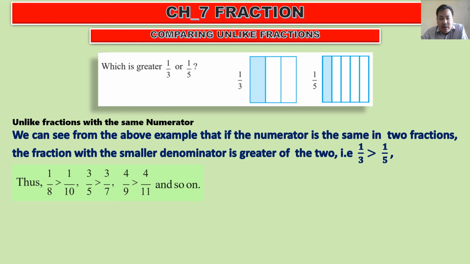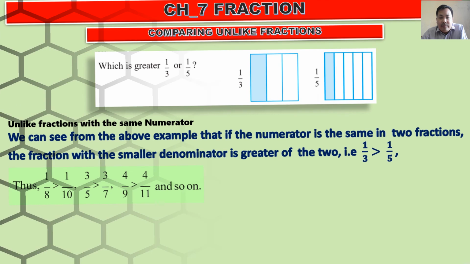Okay, so this is one example to understand comparing unlike fractions. Once again, when the numerators are the same, the smaller the denominator is, the larger the fraction. So let us go to the next part.